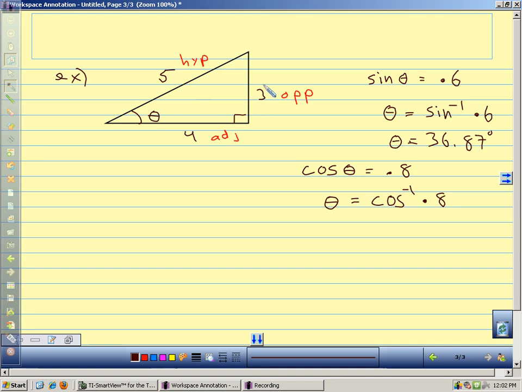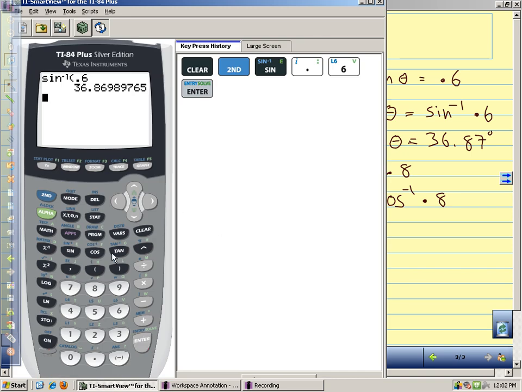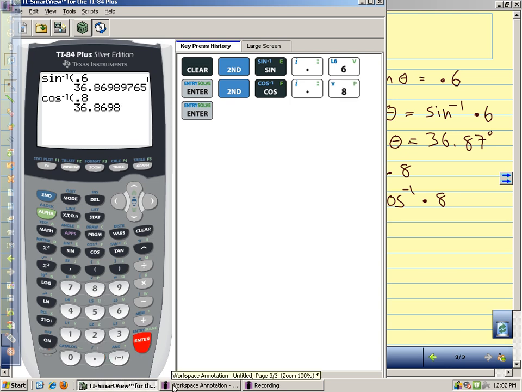Is this angle different depending on whether we're using sine or cosine? It's the same angle, right? So our answer should come out the same. So let's do the inverse cosine of 0.8. And we get 36.87 degrees.